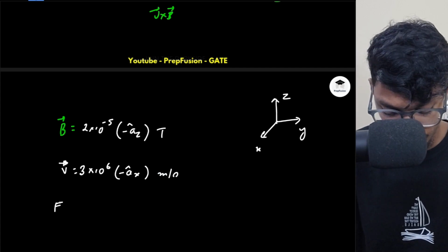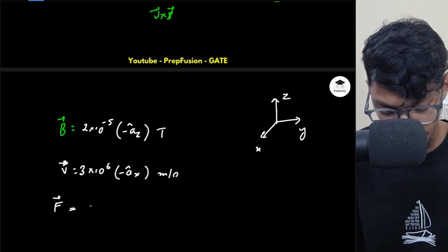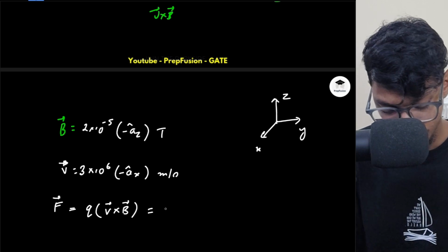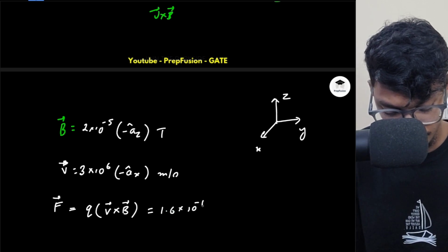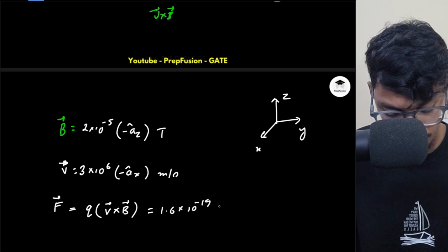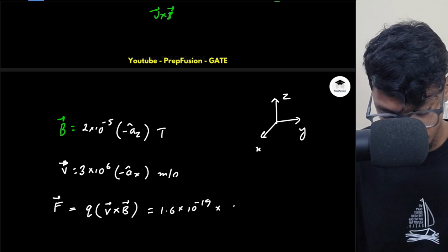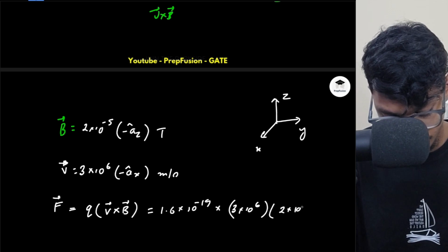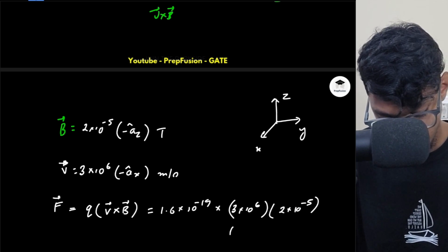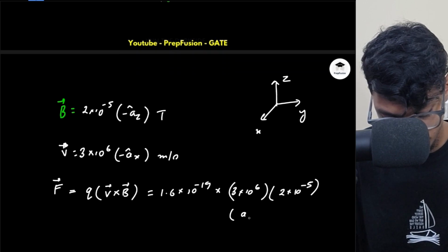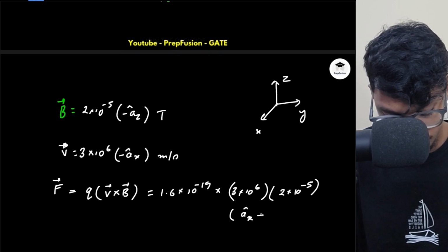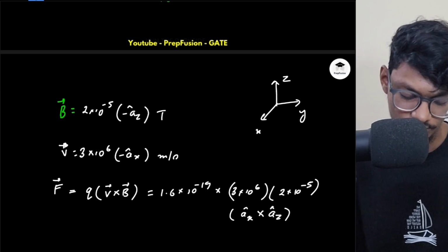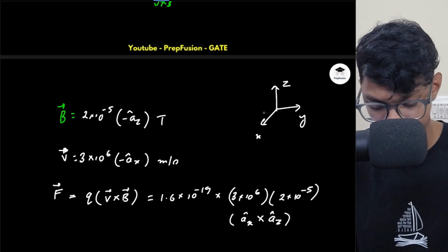So what do I need to find out? I need to find out the force, because there is no electric field. So the force will be simply Q V cross B. Q for a proton is 1.6 into 10 raised to power minus 19, into V, which is 3 into 10 raised to power 6, and B is 2 into 10 raised to power minus 5, into V cross B. So it will be AX cross AZ, which comes out to be minus AY cap direction, on the left hand side.